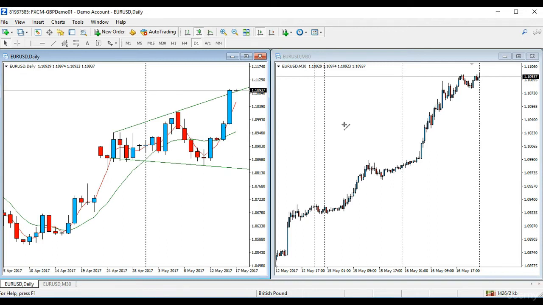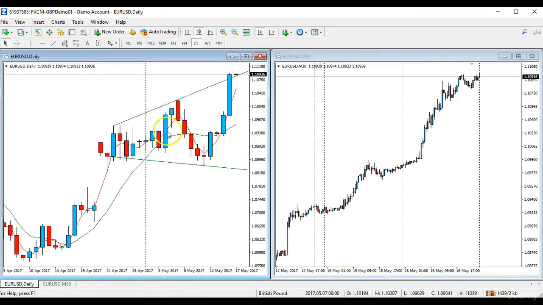You don't need anything complicated, or any complicated indicators. Simple patterns and lines are enough. But what you do need to know is where the energy in the market is, where the momentum is. And by using these simple patterns across multiple time frames, that's where you can find your opportunities in the market.